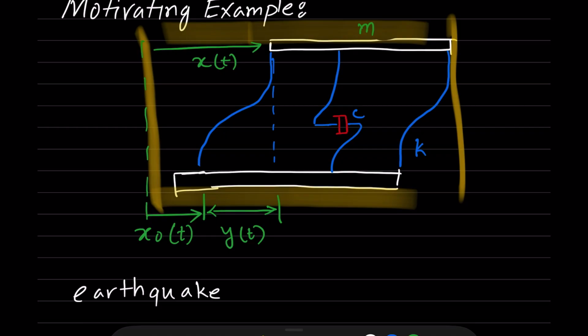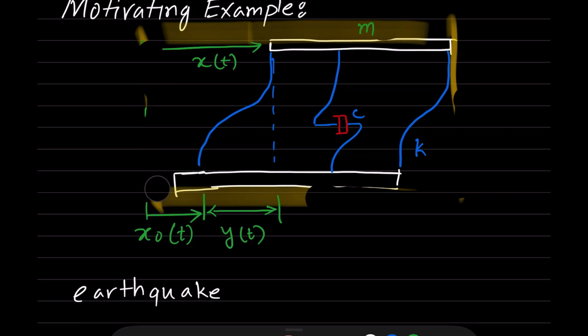This image is very much exaggerated. Here, this is a girder, and this girder is supported by these columns, and they have a stiffness of k.